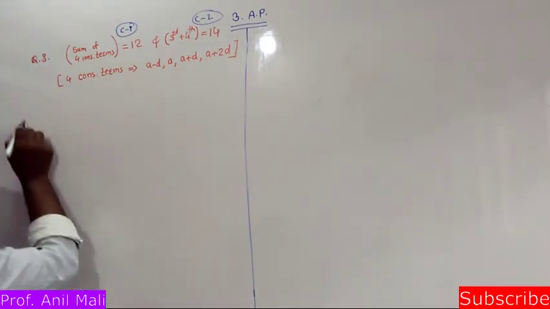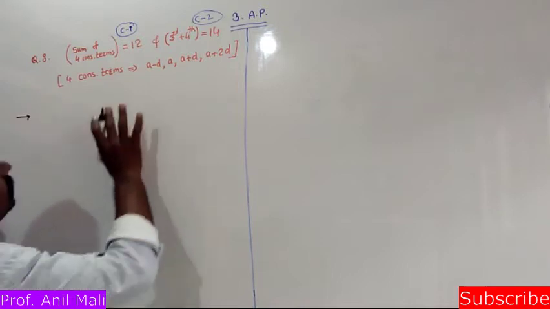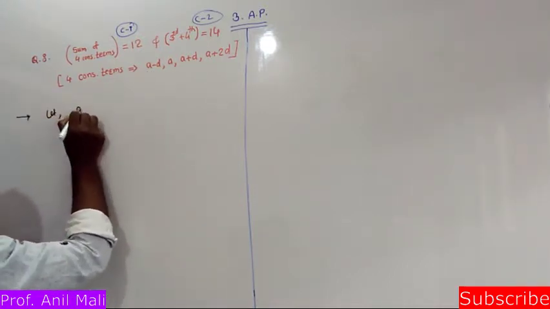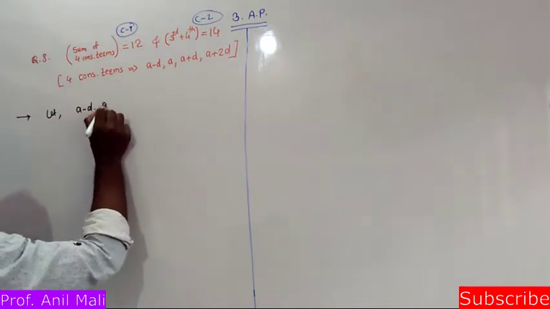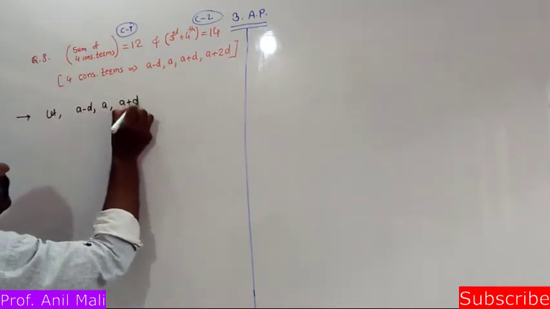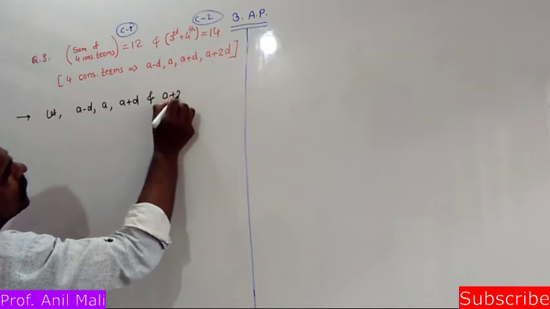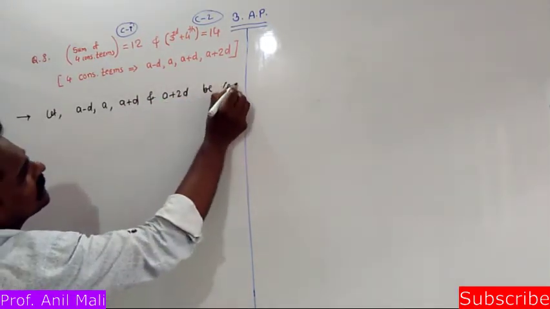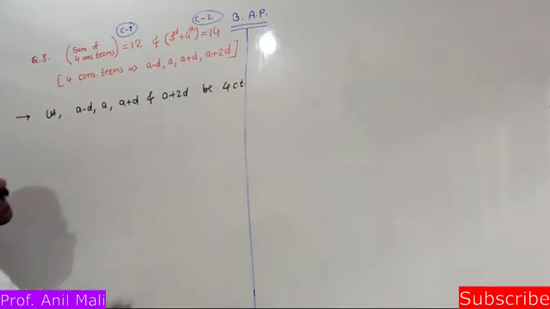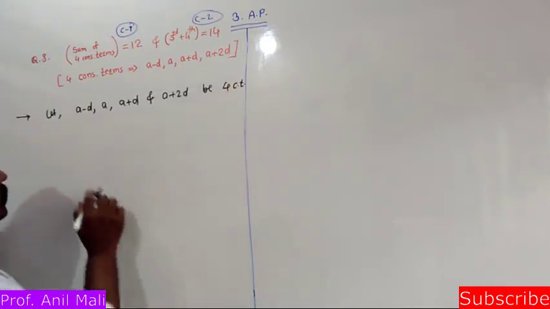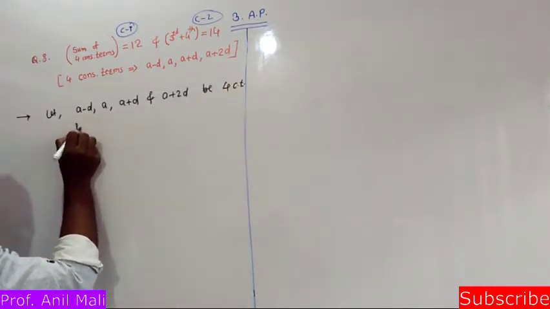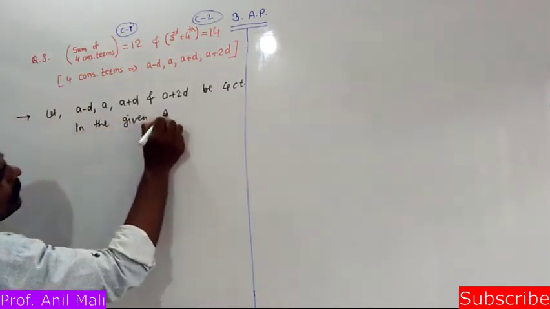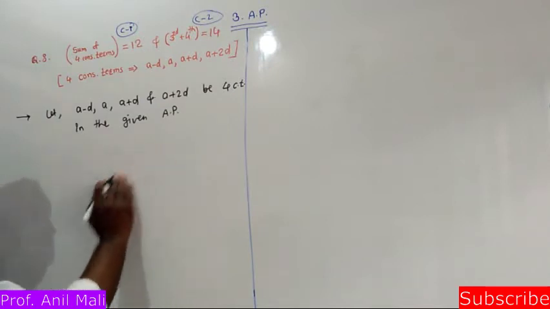Let a minus d, a plus d and a plus 2d be 4 consecutive terms in the given AP, arithmetic progression.